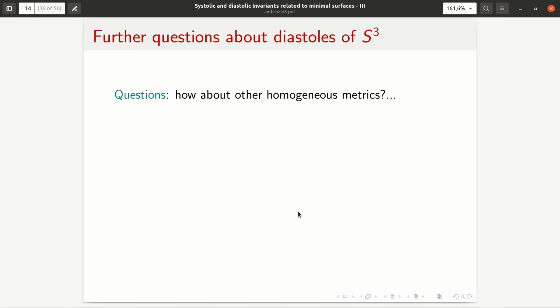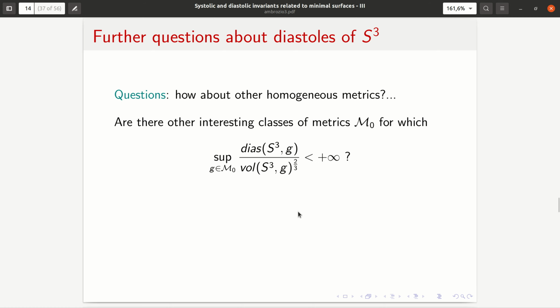But anyway, another negative aspect of our theorem is the restriction to metrics with positive Ricci, right? So I don't know if one can remove that hypothesis. Our theorem does not really answer whether there are conformal classes of metrics on which this supremum is finite.